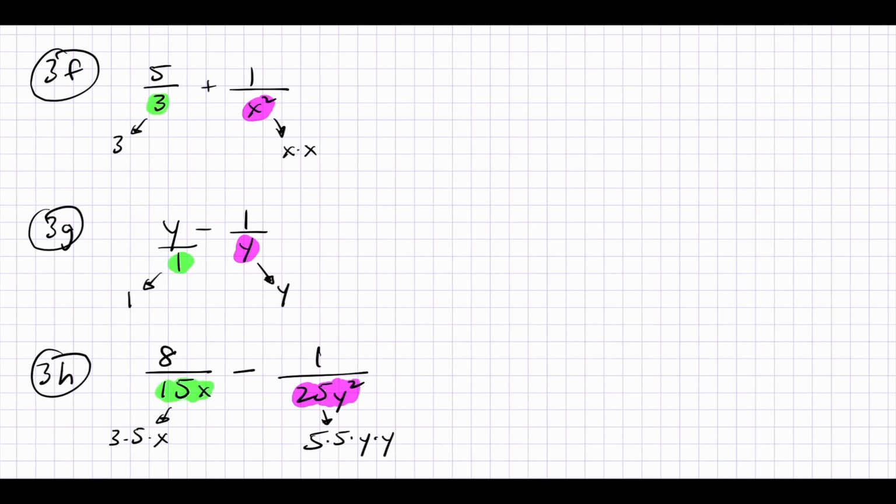All right, so the first one, let's break down the 3, break down the x squared. Then I have to find out what's missing. So over here, I need 2 x's. And then over here, I need a 3. So include those in the top.